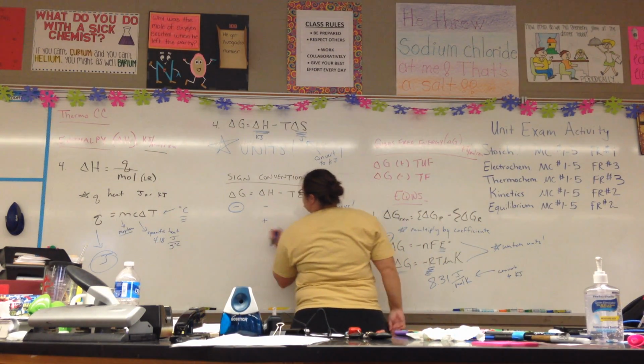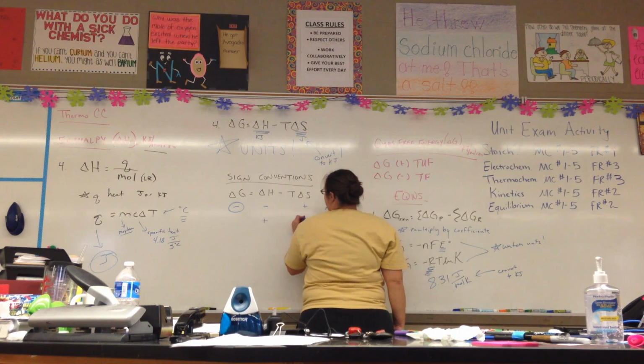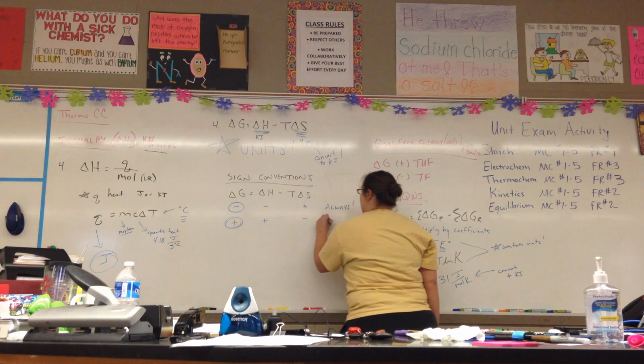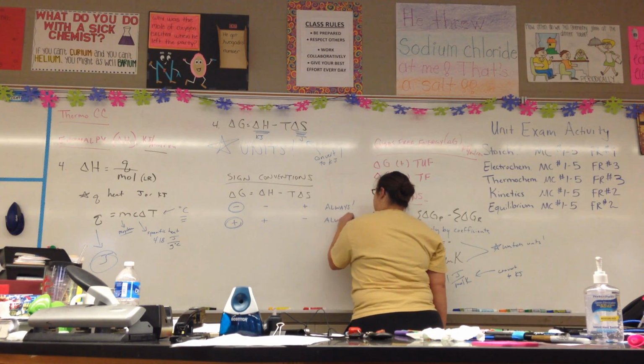If your delta H is positive and your delta S is negative, then your delta G will be positive, always, with no exceptions.